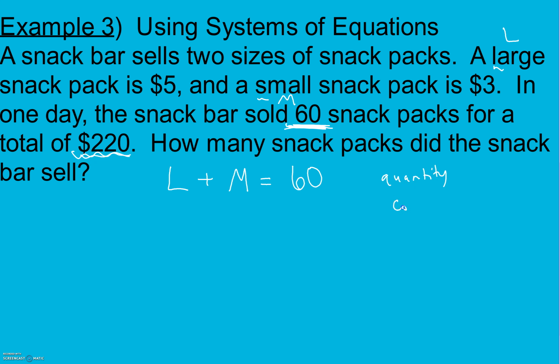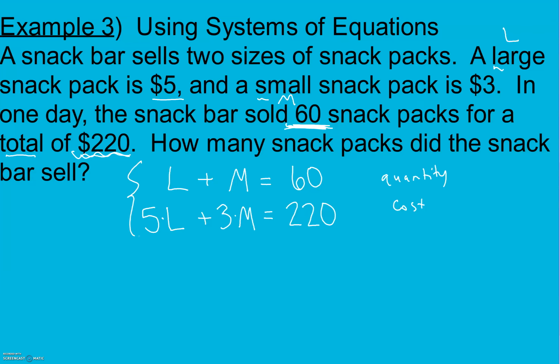We're talking about cost. Okay? The cost for a large snack pack was $5. So it's 5 times L. Price times quantity give us cost. Plus, since we're talking about total, it is $3 for a small snack pack. And the total cost was $220. So this is our system.